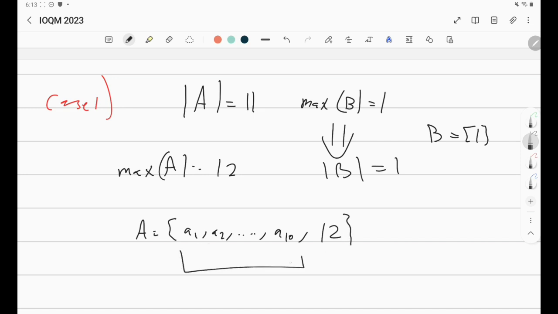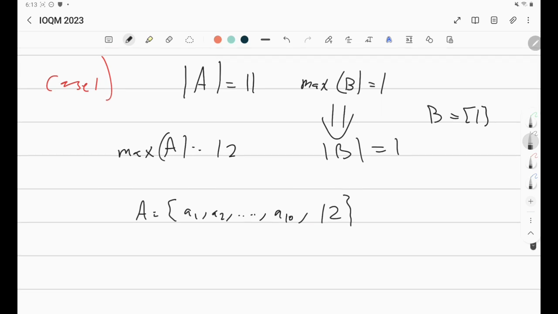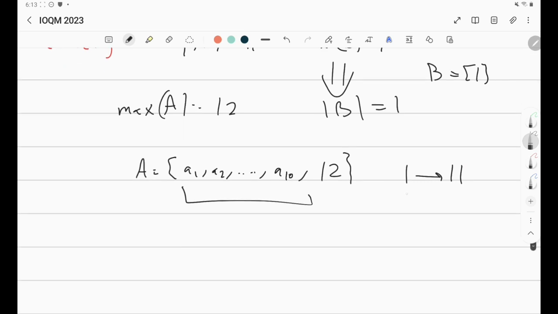So now we just need to count how many numbers here we can choose. Of course, we know that these can be just numbers from 1 to 11. So it's simply 11, because each time we just need to drop one number. For example, if we drop 11, then these numbers are from 1 to 10. If we drop 1, then these numbers are from 2 to 11, and so on. So actually in this case the answer is 11.